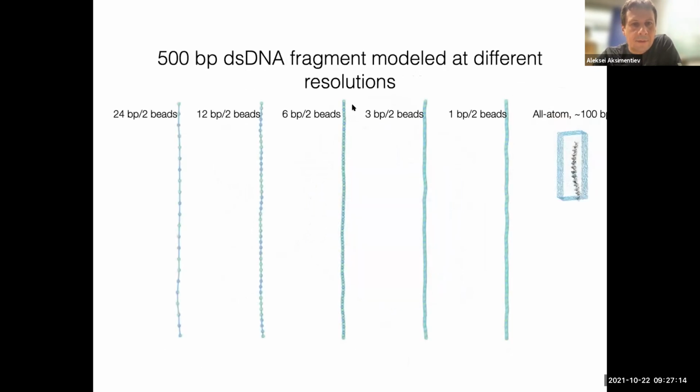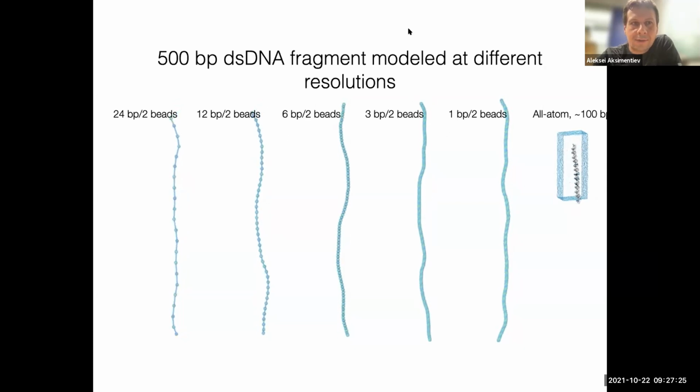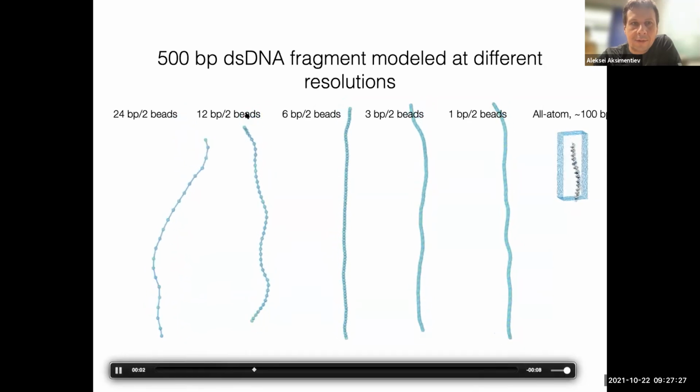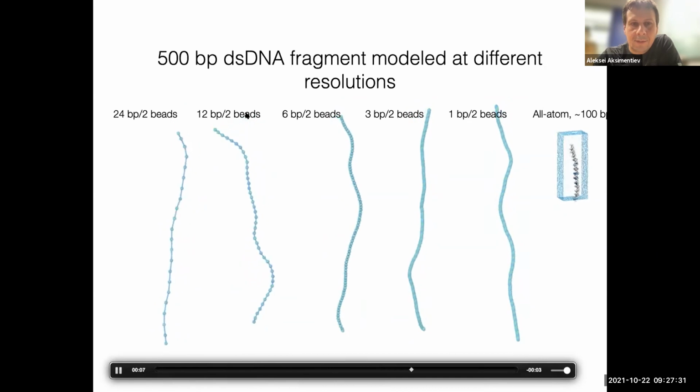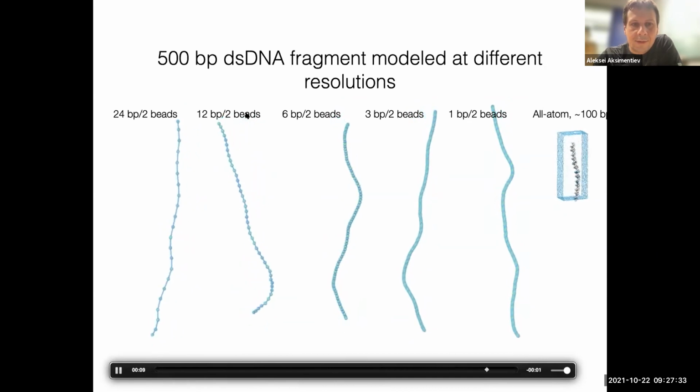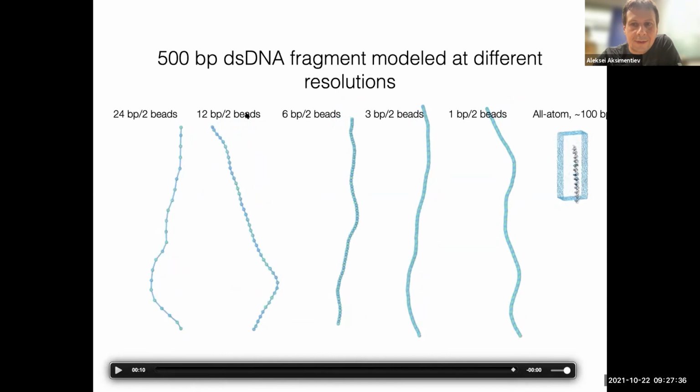At the core of the model is this multi-resolution model of the DNA itself. Here you're looking at the same fragment of DNA modeled at different resolutions. What's essential here is that the physics is the same. You get the same persistence lengths, same non-bonded interactions, everything the same, just like in all atom resolution. The only difference is that you vary the level of detail with which you describe your DNA fragment.